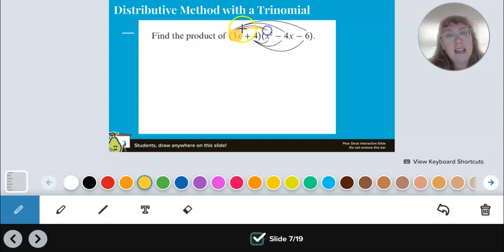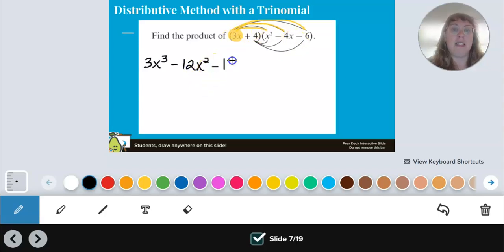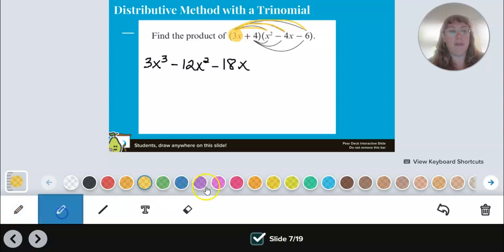So this 3x has to multiply by all 3 of the other terms. So we get 3x times x squared is 3x cubed. 3x times a negative 4x is a negative 12x squared. And 3x times negative 6 is negative 18x. So there's our first 3 terms.